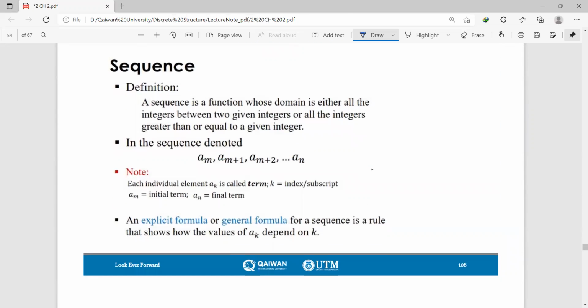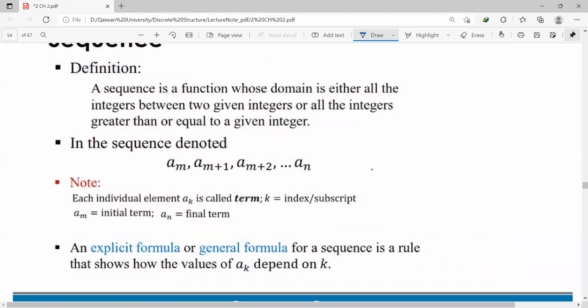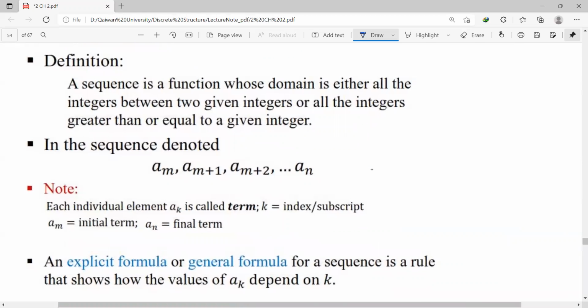Here, first we have sequence. We say a sequence is a function whose domain is either all the integers between two given integers or all the integers greater than or equal to a given integer.